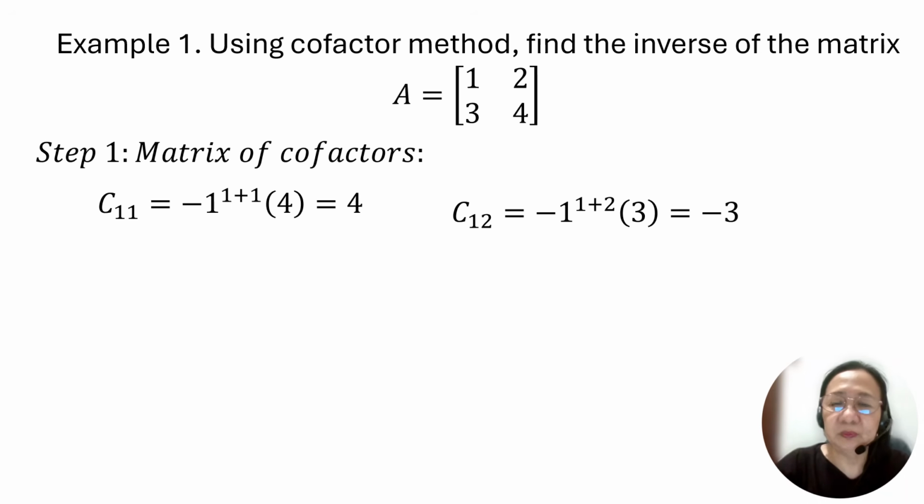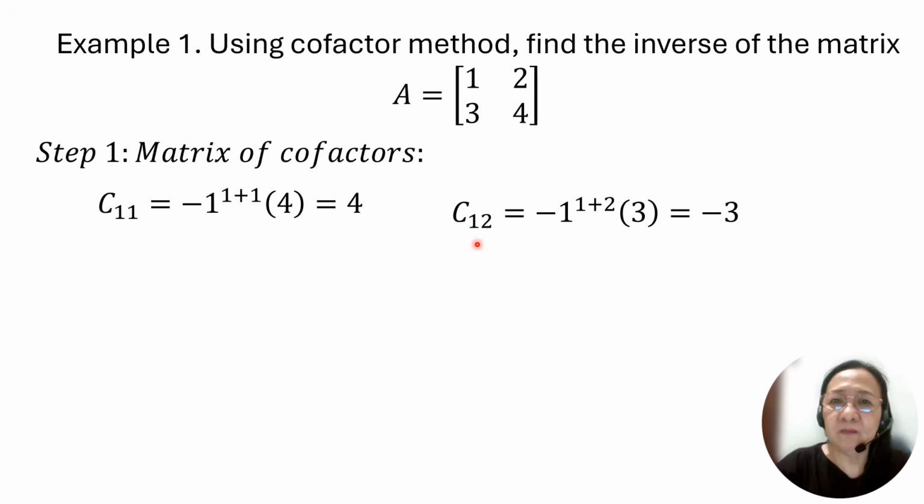Next, for C sub 12, the first row and second column is represented by our number 2. So we're going to cross out the numbers in the first row and the numbers in the second column. And then what will be the sign?